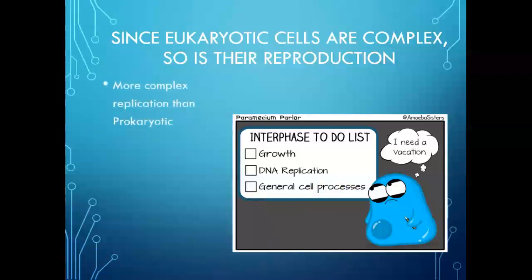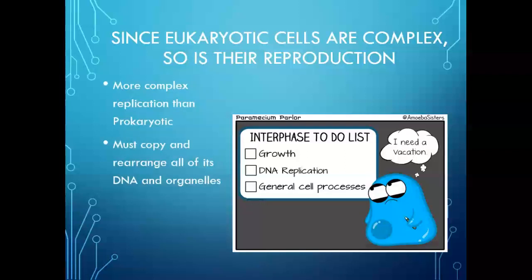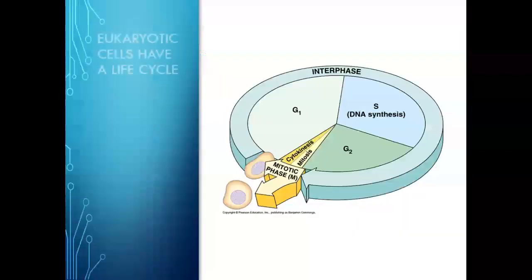Their reproduction is more complicated than prokaryotic. They have to copy all of their DNA and rearrange all of their DNA, multiply some of their organelles as well, in order for that division to be complete. This is an overview of the cell cycle.